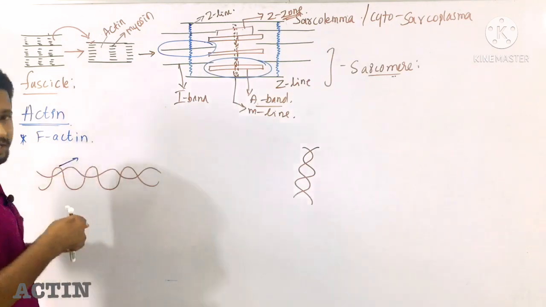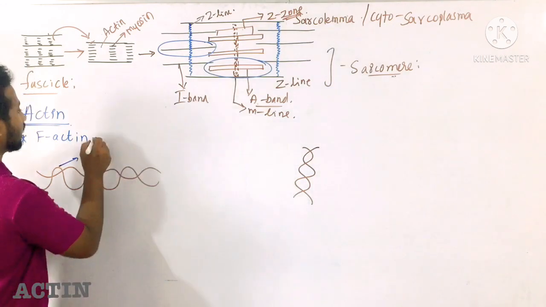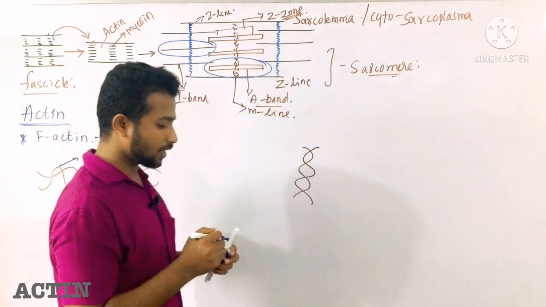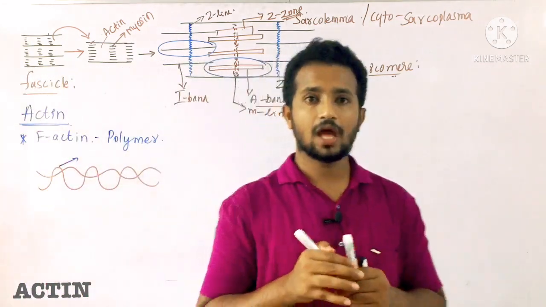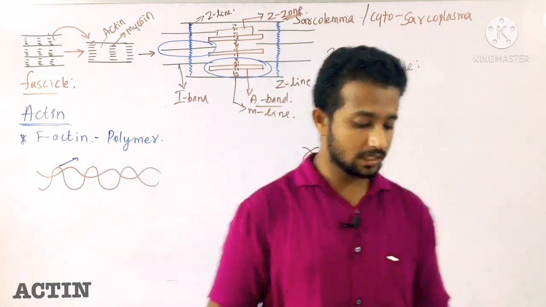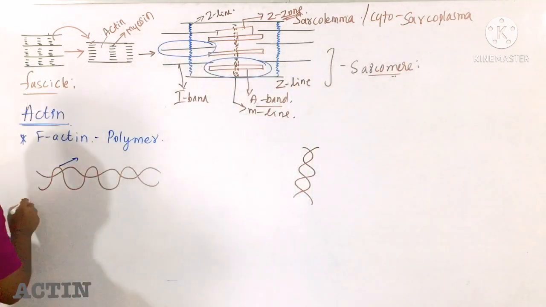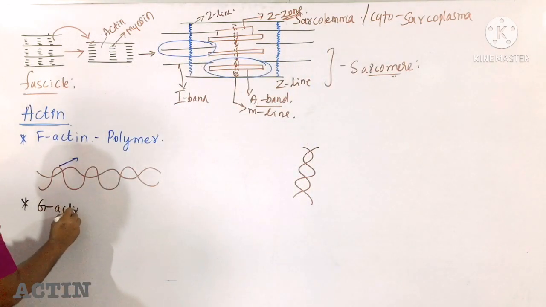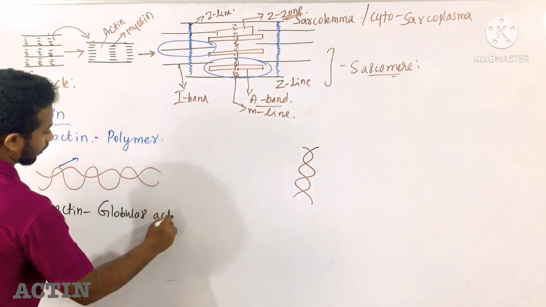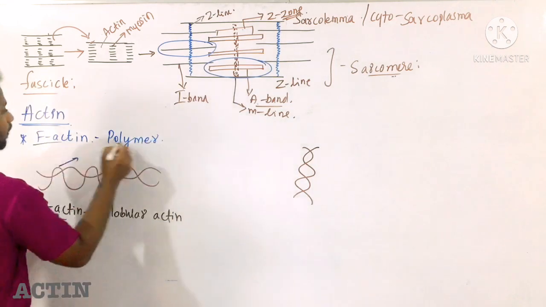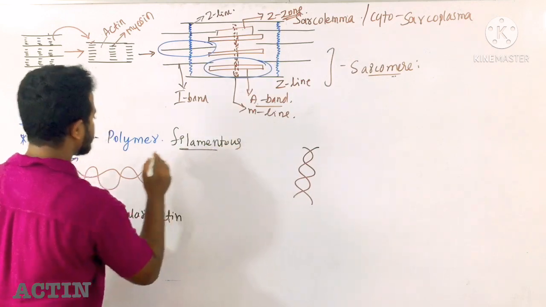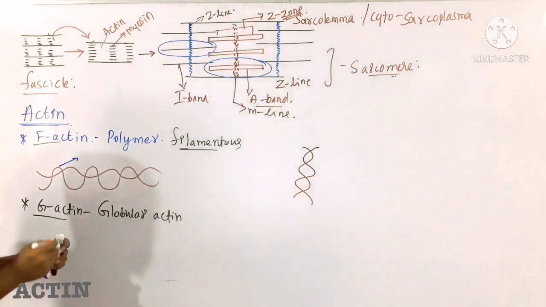F actin is the filamentous structure, and this filamentous F actin is a polymer. When I say polymer, you catch it immediately: all polymers are made up of monomeric units, and the monomeric units are called G actin. What is G actin? G actin is globular actin, F actin is filamentous actin.